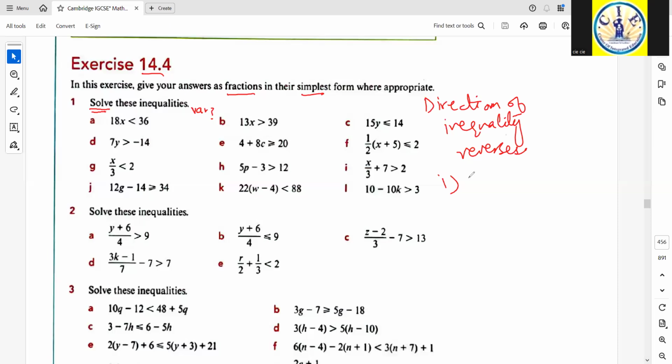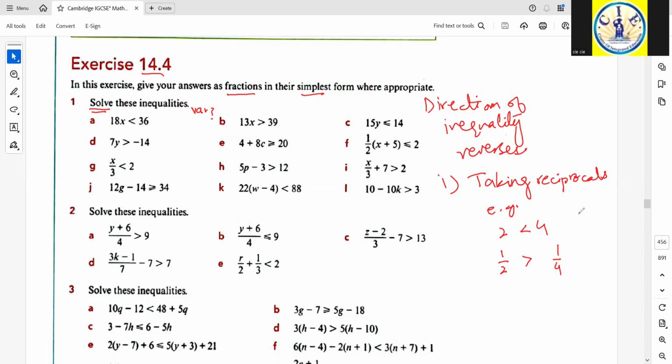One, when we take the reciprocal. For example, we know that 2 is lesser than 4. So when we take the reciprocal, we get 1 by 2 and 1 by 4, and the direction of the inequality gets reversed.